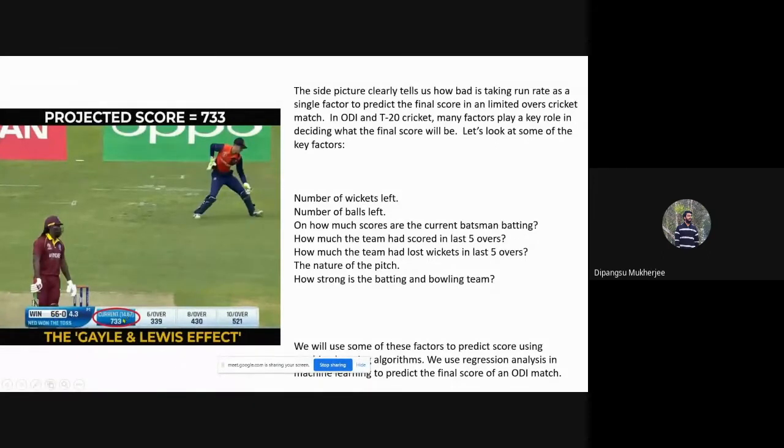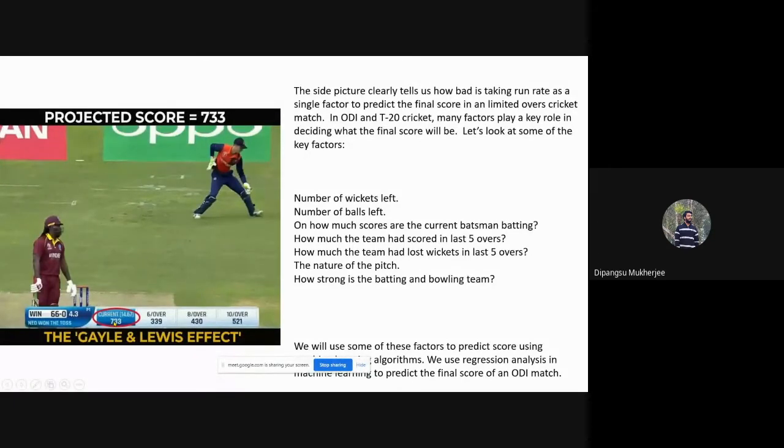That means 14.67 runs per over, and you can see the current rate is 733. This is quite huge, and this is not possible for any ODI match. We all know that. This picture clearly tells how bad it is to take only the run rate as a single factor to predict the match score.